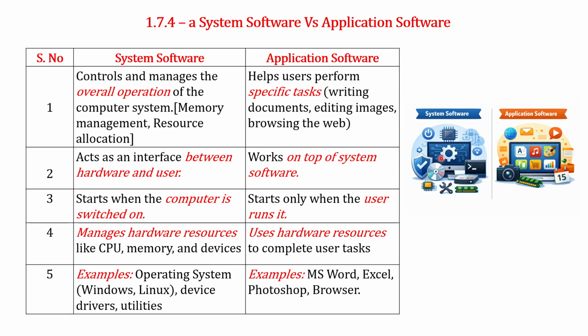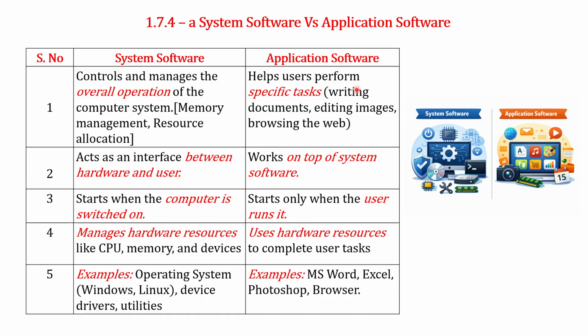It is responsible for allocating memory, allocating resources like I/O devices, file management, and cleaning the devices. All the operations of the computer system are managed by the system software. In this diagram, you can get an idea of it.